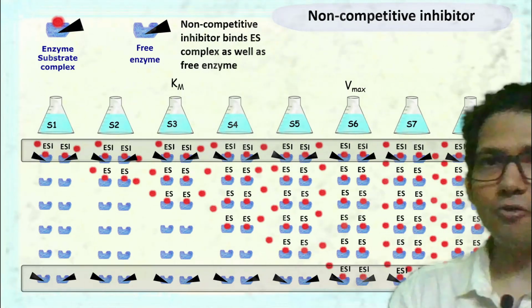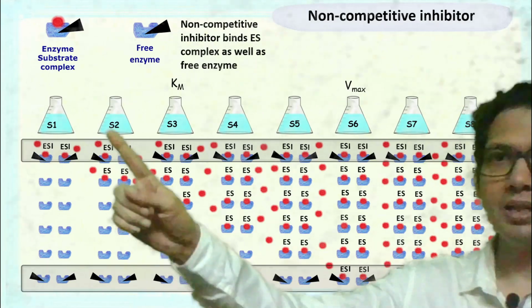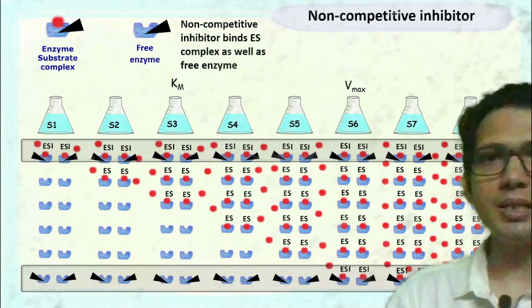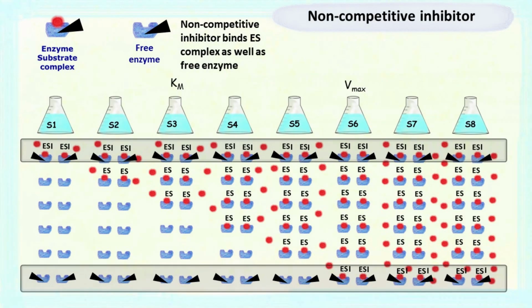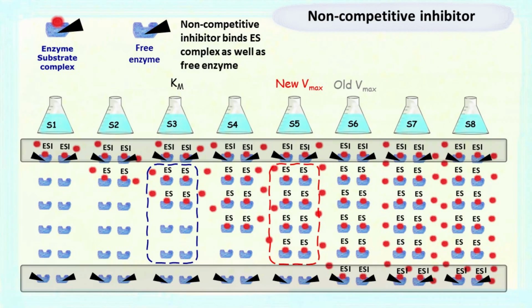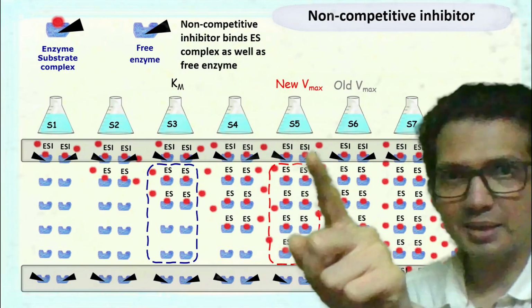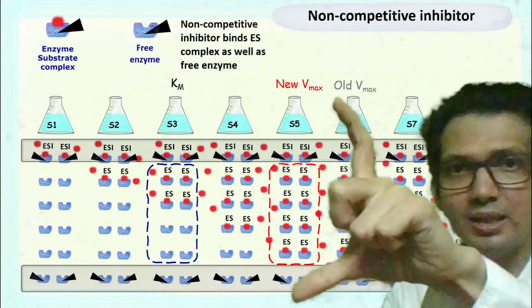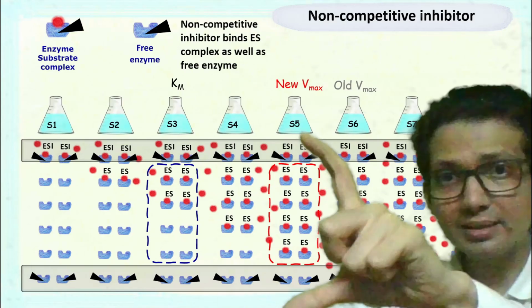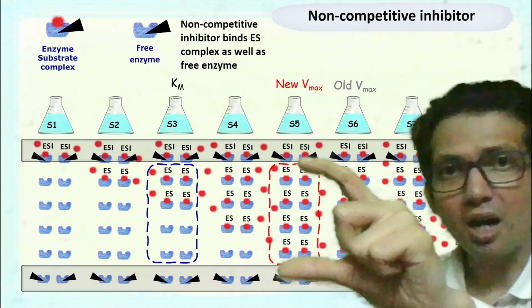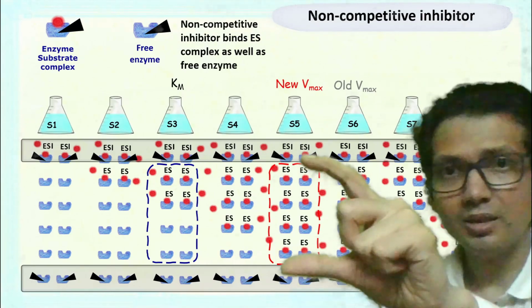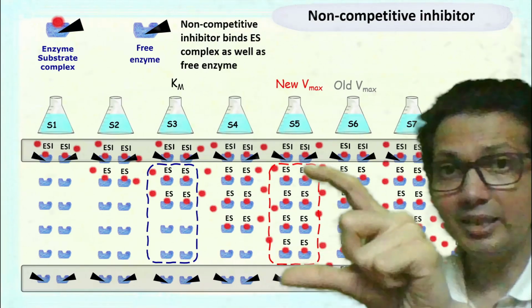So in presence of non-competitive inhibitor, this portion as well as this portion will be inhibited. So since this portion is inhibited, this portion over here is also inhibited. The maximum amount of ES has decreased. In other words, in presence of non-competitive inhibitor, the value of Vmax will decrease.